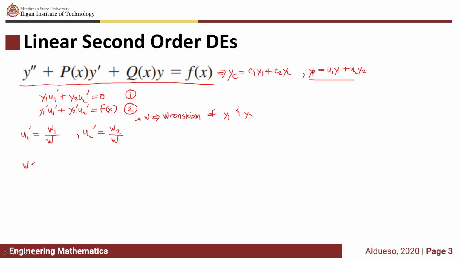So w is the determinant of y1, y2, y1 prime, y2 prime, and w1 is the determinant of 0, y2, f of x, y2 prime, and w2 is the determinant of y1, 0, y1 prime, f of x.